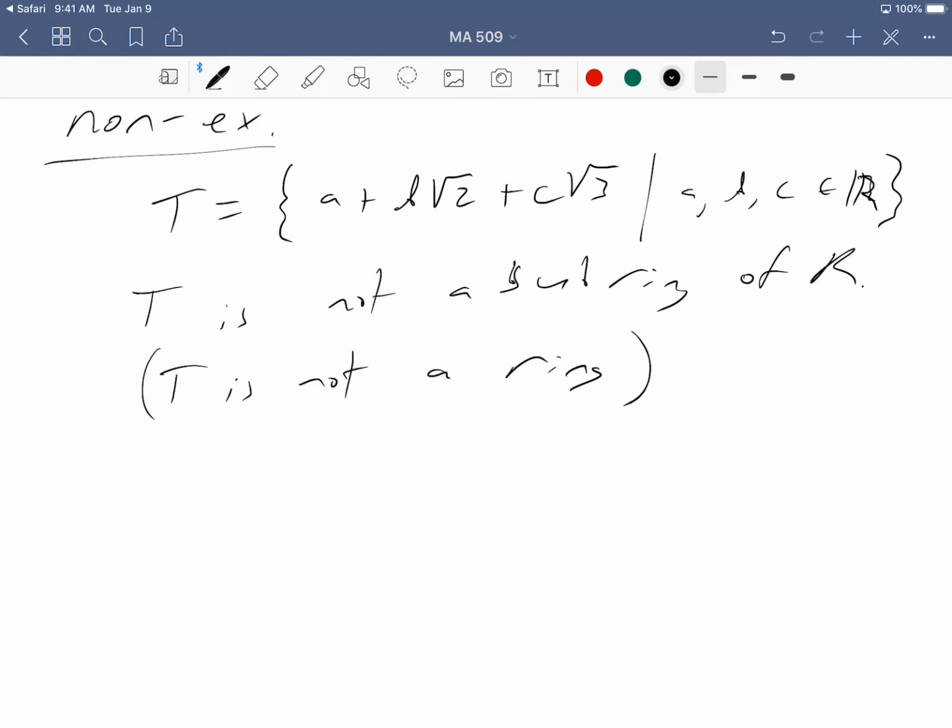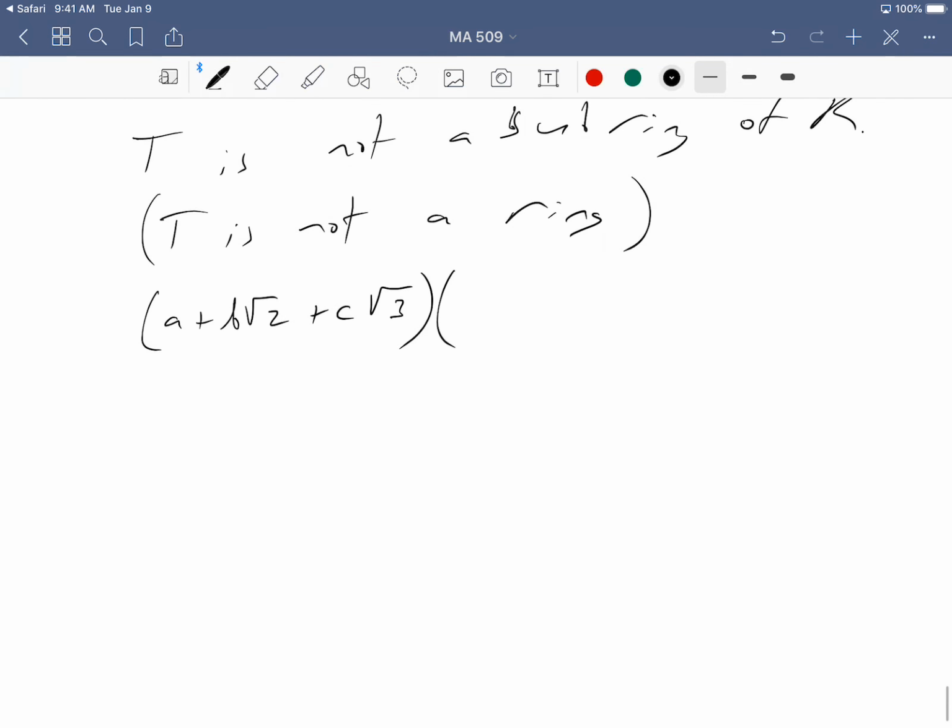So try multiplying a couple things. a plus b root 2 plus c root 3 times, I should start with, d plus e root 2 plus f root 3. If I multiply these out, what's the thing that I am going to be missing? So I'm going to have some nice things like ad.